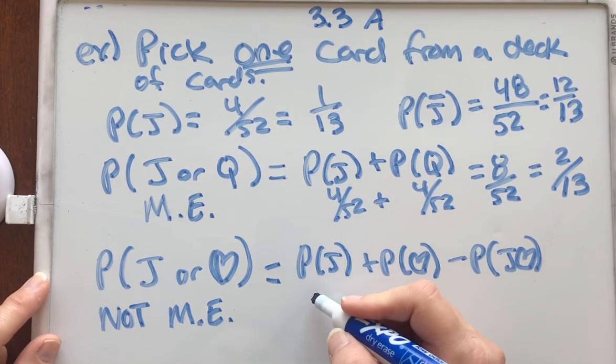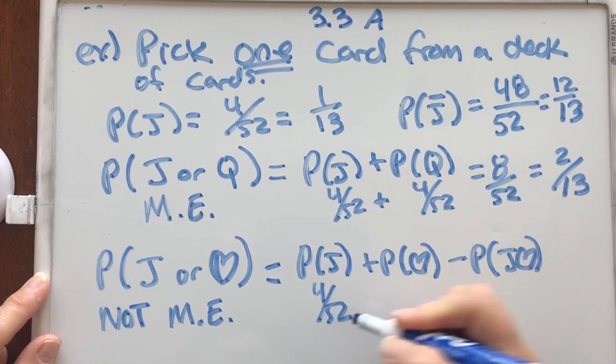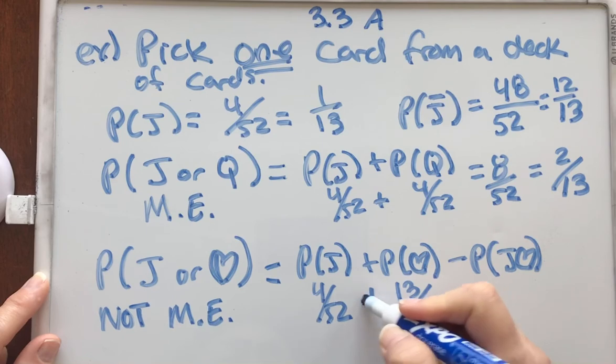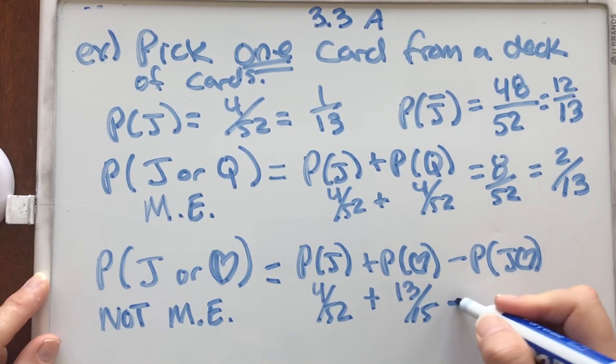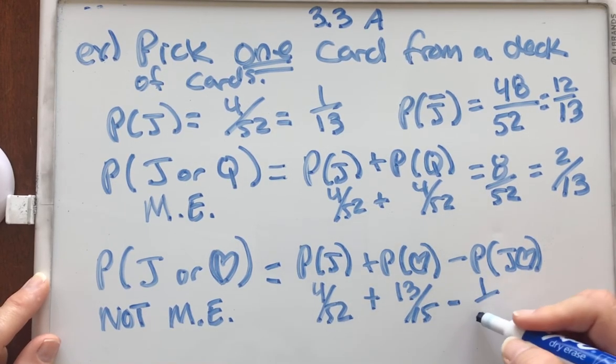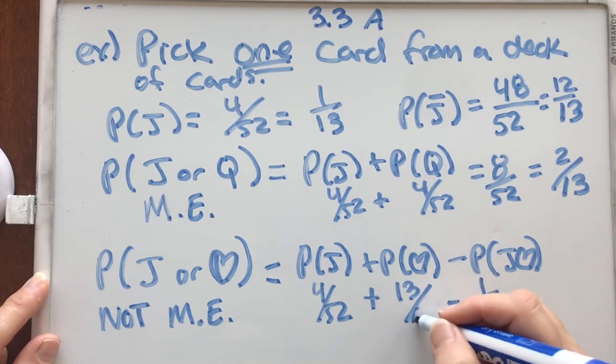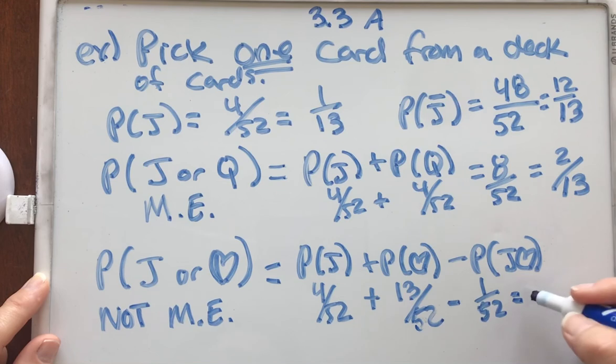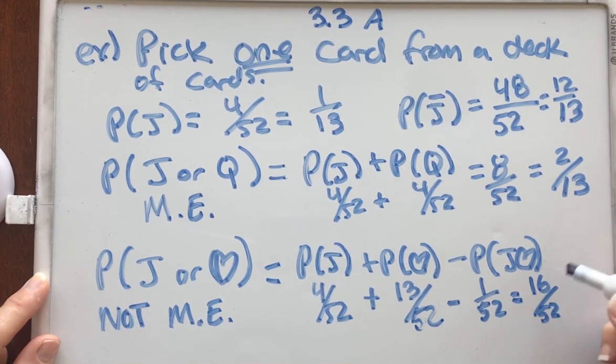Okay, so probability of a jack is 4 out of 52. Probability of a heart is 13 out of 52, and we're going to add those. And we're going to minus the probability of jack of hearts, which is 1 out of 52. And we end up with 16 out of 52. And that reduces down to 4/13.